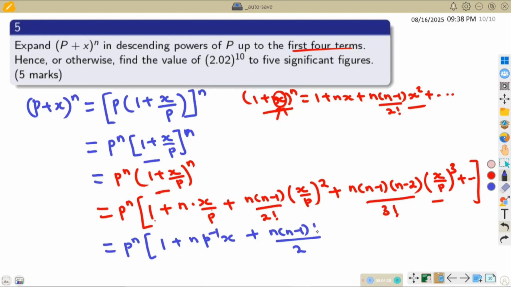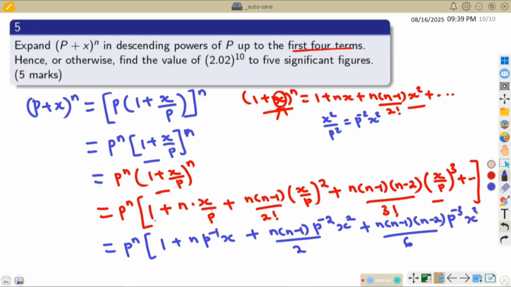This one can be simplified as p to the power of negative 2, then x squared. Remember, this is x squared upon p squared. So you can write this as p to the power negative 2 x squared. Then plus n into n minus 1 into n minus 2 divided by 3 factorial is 6. Then this one will be able to give us p to power negative 3, then x to power 3. So that is what we shall have.